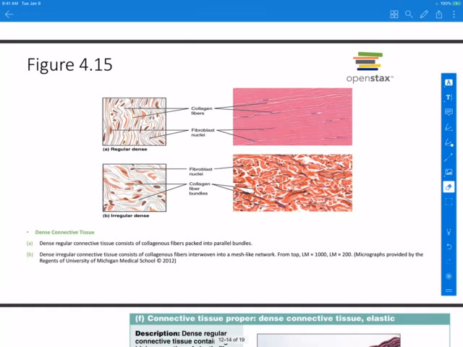And because the fibers are oriented in every direction imaginable, this is a tissue that's good at resisting pulling forces in pretty much every direction. And so you can find the irregular connective tissue in the dermis of the skin, so our skin can be pulled every which way, but you can also find it in the fibrous capsules of joints and organs. Also in one of the layers of the digestive tract called the submucosa.